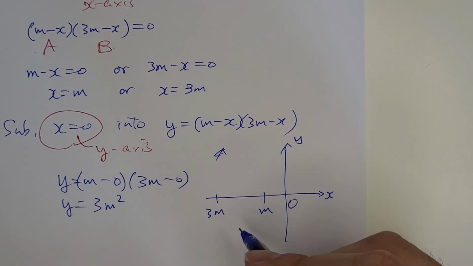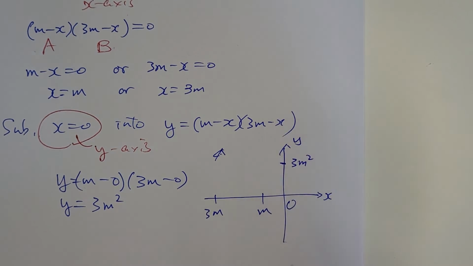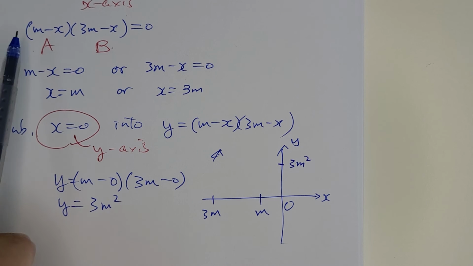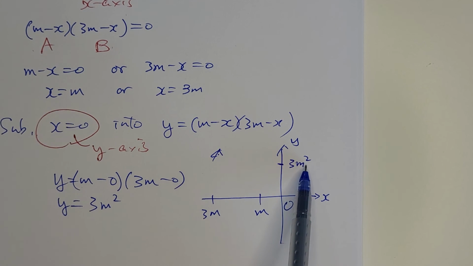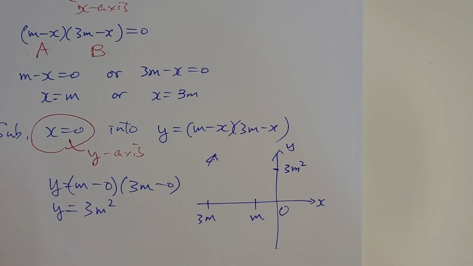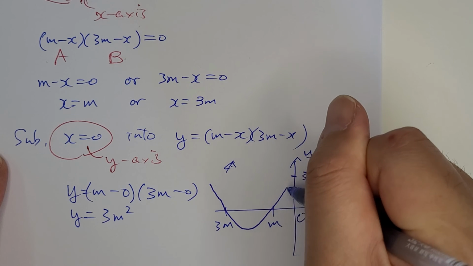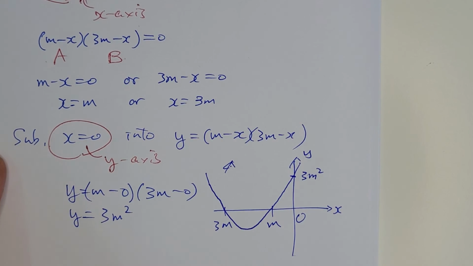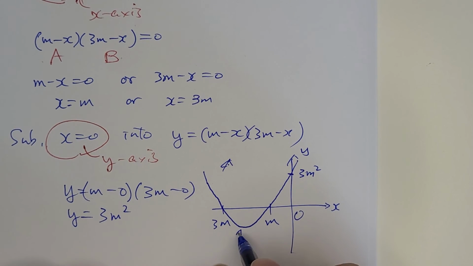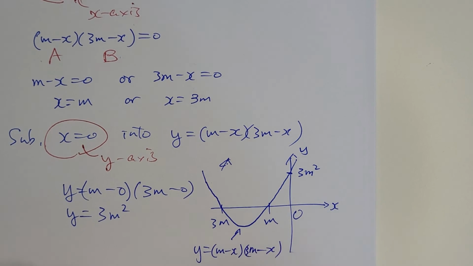Next you can mark 3m squared, because when m is negative, then m squared will be positive, multiplied by 3, also positive. Next, you draw a curve that passes through these three positions and give the name of it. y equals m minus x times 3m minus x. That's it.